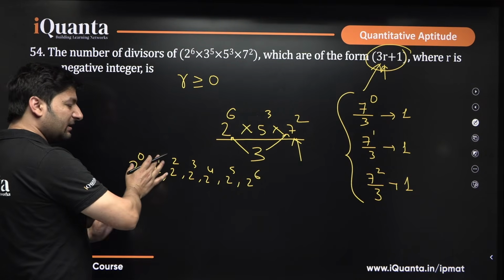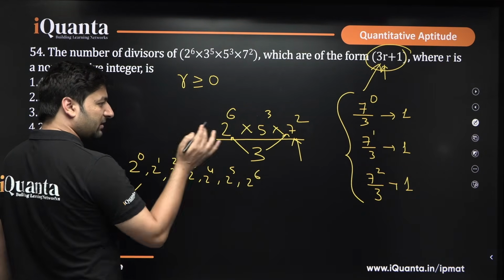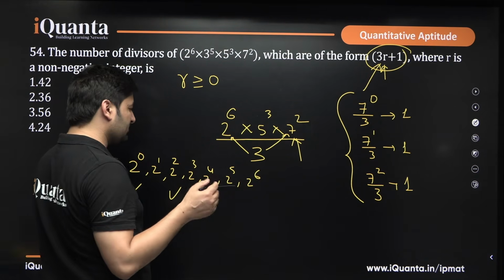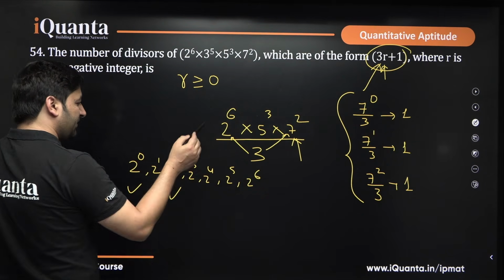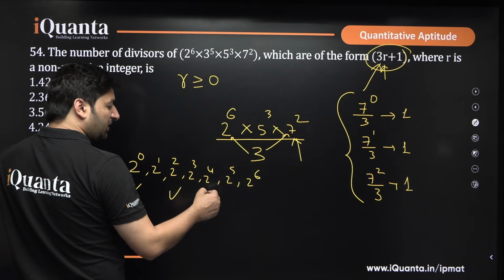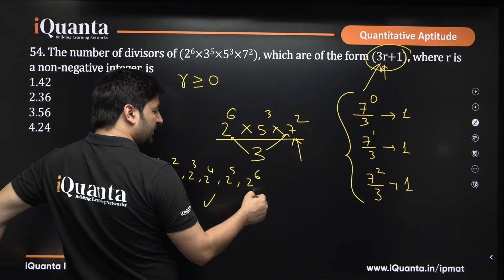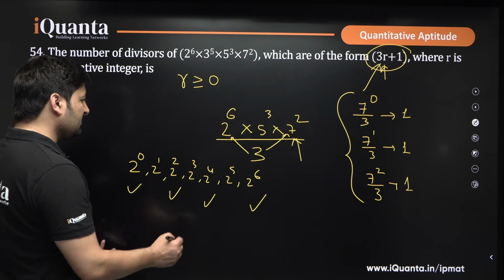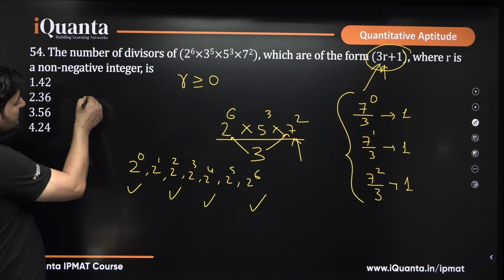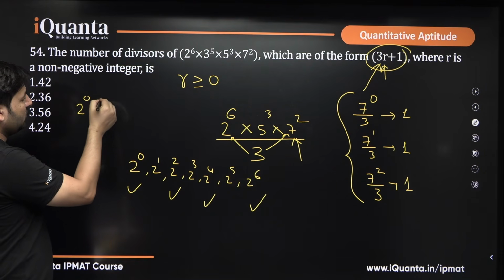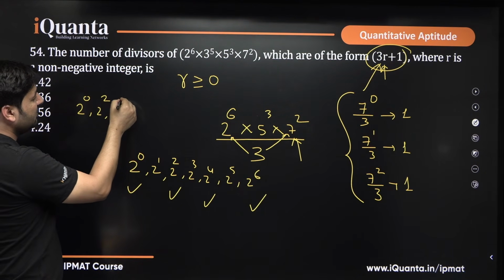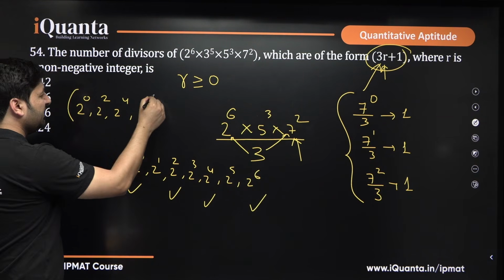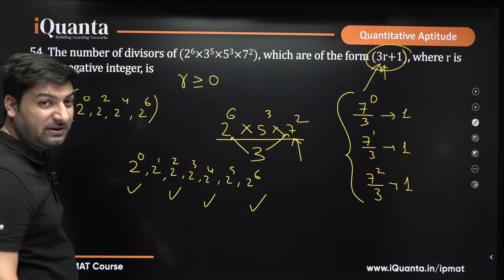So, let's keep this for a while, will not take it straight away. 2 square is 4, 4 divided by 3 leaves remainder 1, 2 cube is 8, 8 will not give you remainder 1, okay, when divided by 3. But 2 to the power 4, 16, will give remainder 1, 32 will not give remainder 1, 2 to the power 6, 64, will give remainder 1. Okay, that means we are sure that 2 to the power 0, 2 to the power 2, 2 to the power 4 and 2 to the power 6, these powers of 2 are surely going to give me remainder 1 when I am going to divide them by how much?